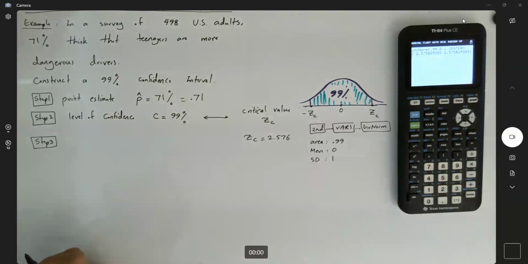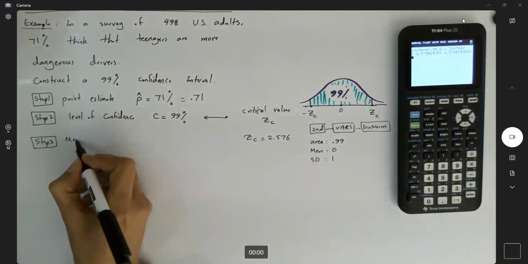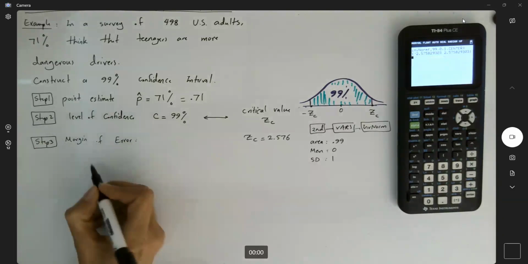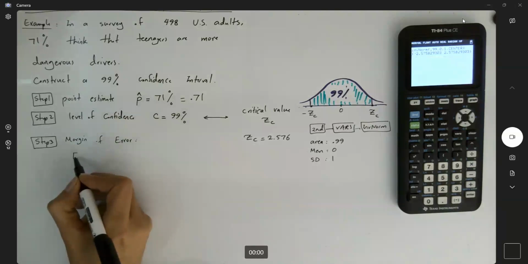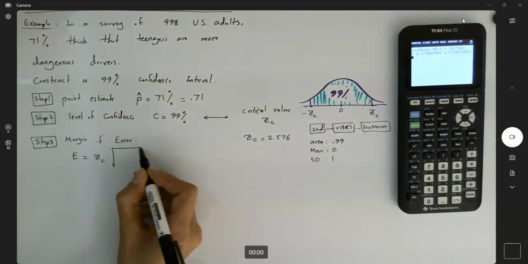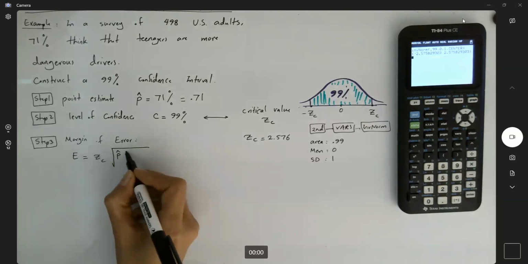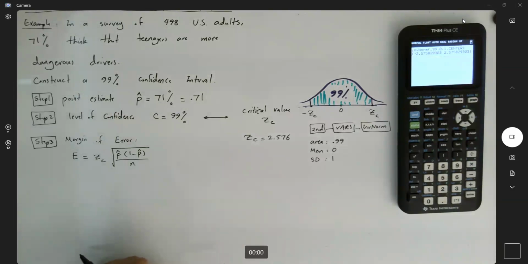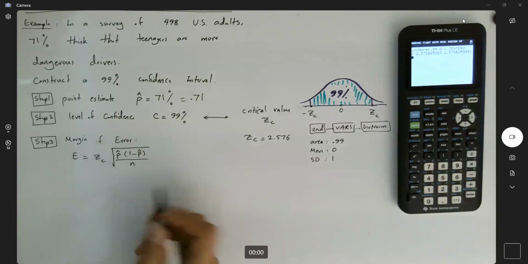In the third step, I need to find the margin of error. Margin of error is denoted by E, which is equal to ZC times the square root of P hat times 1 minus P hat divided by N. Do I have all of this information? Yes.